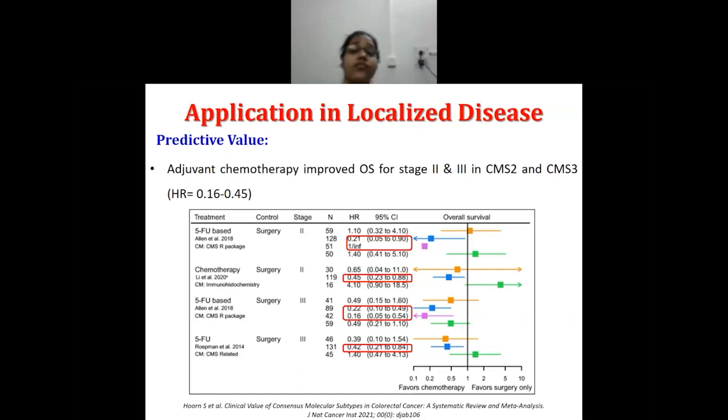Coming to the predictive value of the molecular classification, as we can see from this forest plot, adjuvant chemotherapy was found to be associated with improved overall survival for stage 2 and 3 colorectal cancers in CMS2 and 3 variants, with hazard ratio ranging from 0.16 to 0.45.